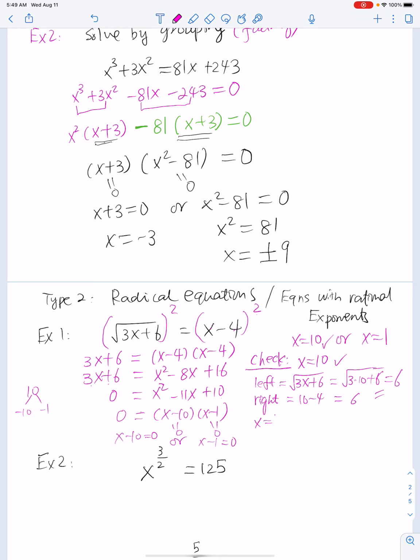So next we want to check x equals 1. Your left side, do the same thing: 3 times 1 plus 6. What do you have? The square root of 9 is 3. What will be your right side? It's 1 minus 4, not minus 3.